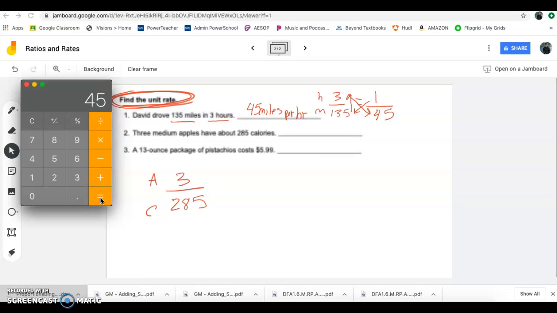So we care about the apple. We care about how many calories are in 1 apple. So cross multiply, divide, bring back, all right? So let's clear our calculators. I know 1 times anything is that thing, so 285 divided by 3 is 95 calories.